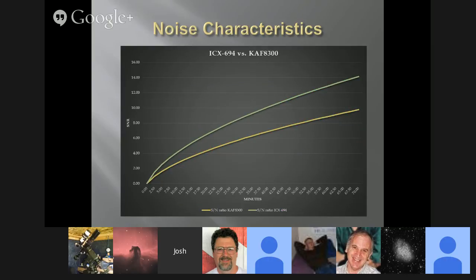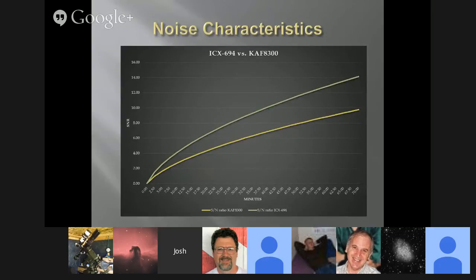So moving on, we can just show you the difference, based on the equations that we were looking at earlier, with the signal-to-noise ratio between the two chips. And over time, you're getting more and more separation in the signal-to-noise ratio due to that read noise. The other thing that you can see is that your signal-to-noise ratio doesn't go up linearly over time with either sensor.